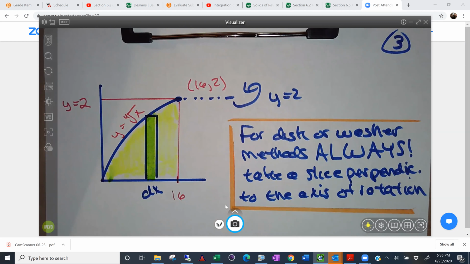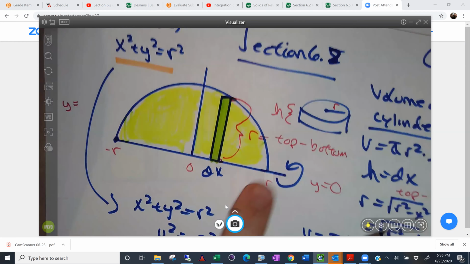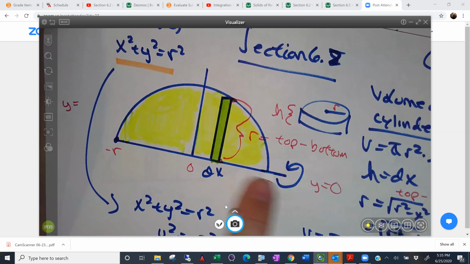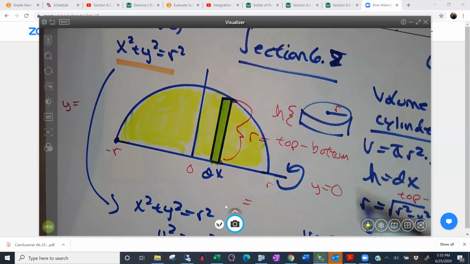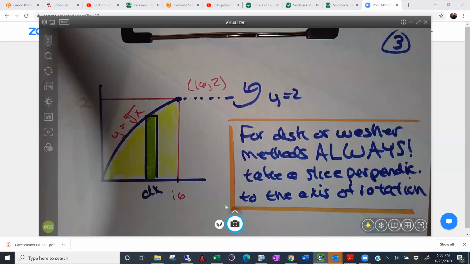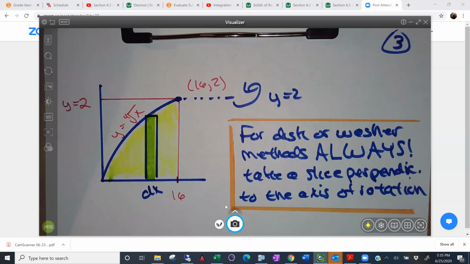And that gap means that when I rotate this around the line y equals 2, I'm not going to get a nice simple disk like I did in the last one. In the last one, this figure was tight all the way across the x-axis. So there was no gap, and I got a nice disk. This time, when I rotate things, there's going to be a gap, and that's going to result in kind of like a donut hole or just a hole.